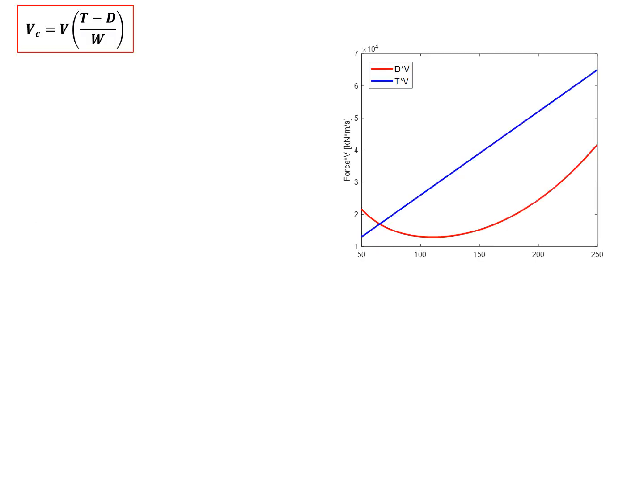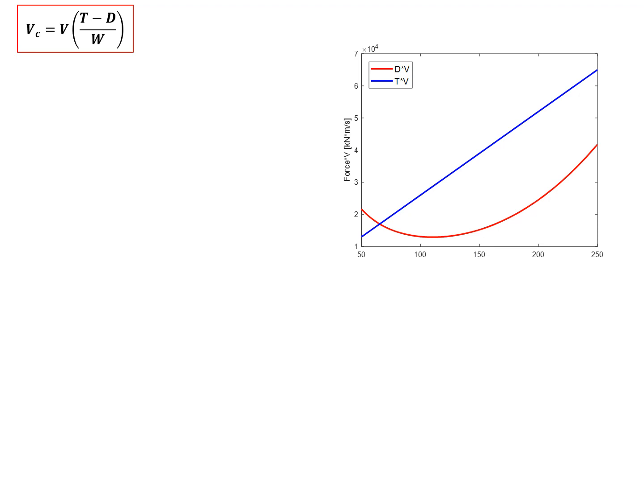In the previous slide, we derived V times D, that's the power required to overcome the drag. On the first graph shown here, we have T times V and D times V, showing how they vary with the increase of airspeed.